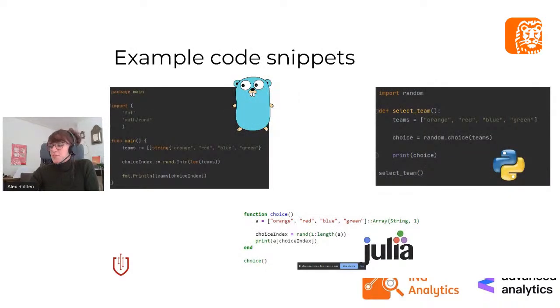So this is a few small code snippets I put together in case anyone was interested or hasn't used these languages before. I just made some super simple functions that essentially select a random object from an array, although you could argue, is it a list, an array or a slice?